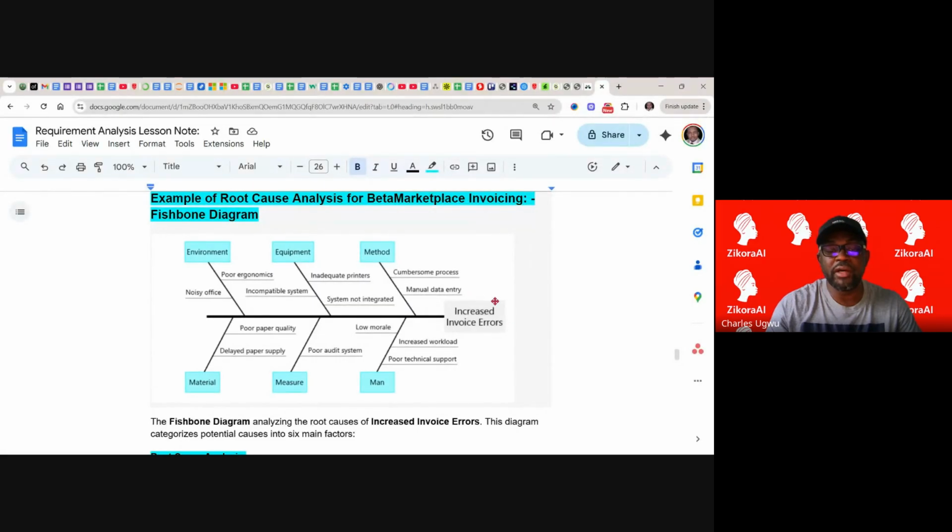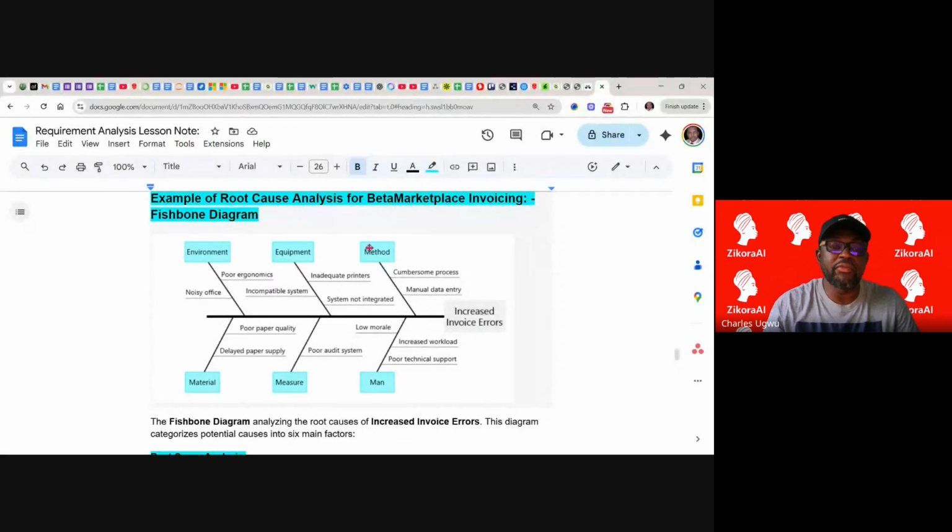In this problem, the error is always there. Why do we have this increased invoice error? We want to have a permanent solution. And if you want to do that, you look at all the factors possible. We have so many factors where this increase in error can come from.